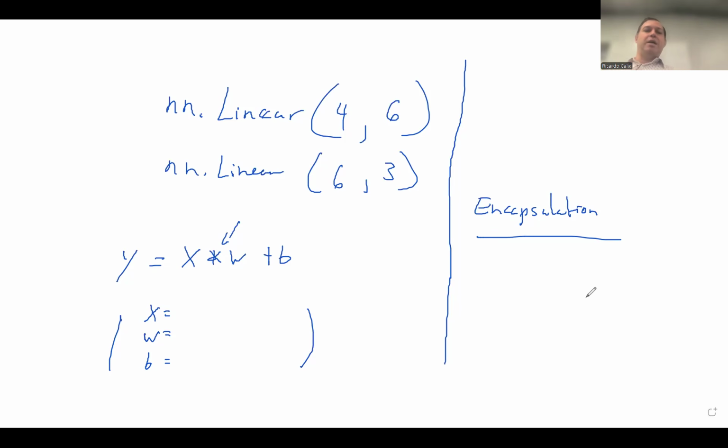Your first example of encapsulation is, in fact, nn.linear. Behind the scenes, there is an X, a W, and a B, and you can access them from the class, but it does everything automatically for you. So it'll become easier for us to write the code. Do you see that? Does that make sense? Because that's what I'm about to do. It's like a function.